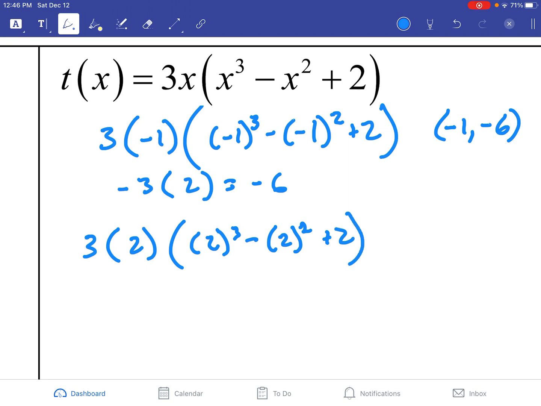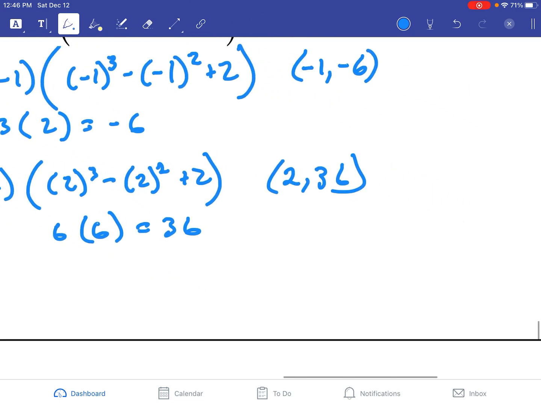All right, so 2 cubed minus 2 squared plus 2 is 6. And then 3 times 2 is also 6, which gives you 36. Sorry, I said 12. So the other point is 2 comma 36. So that's your other point.